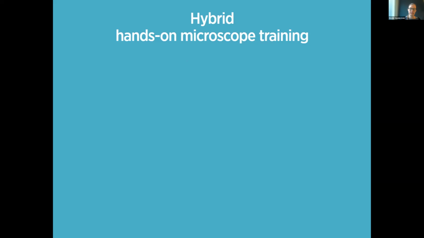So we decided to set up the microscope trainings as a hybrid. That means we would first go with the people to show them how to operate the microscope body itself, put the sample, focus the sample.